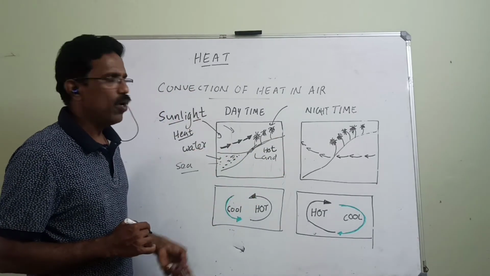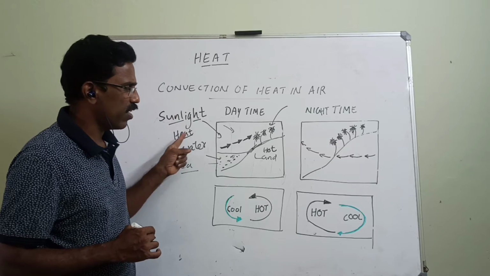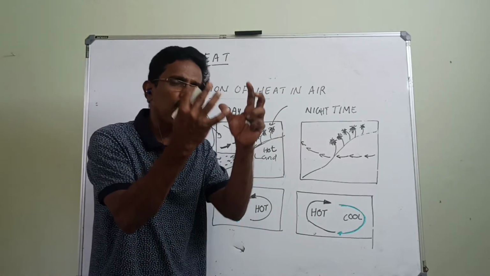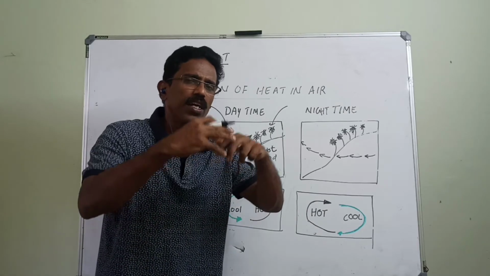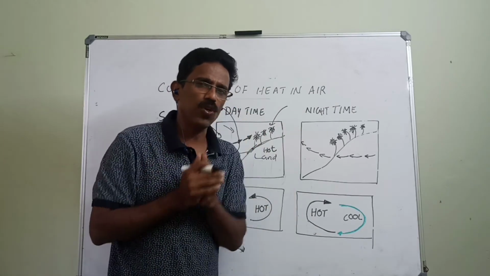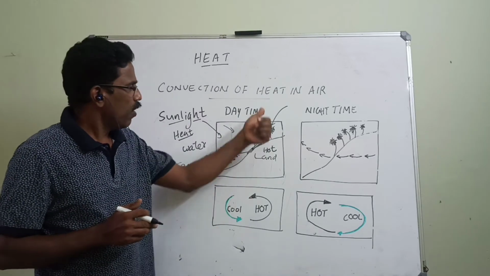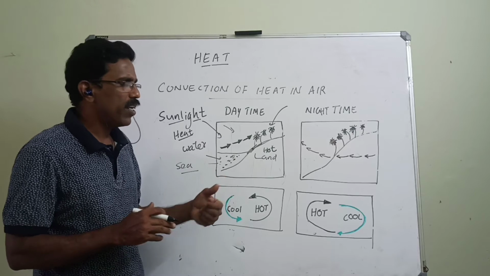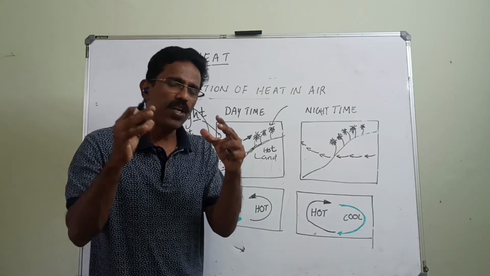During the daytime, because of the heat of the sun, the land becomes hot because it absorbs heat quickly and heats up quickly. But water absorbs heat slowly, so it heats up very slowly.